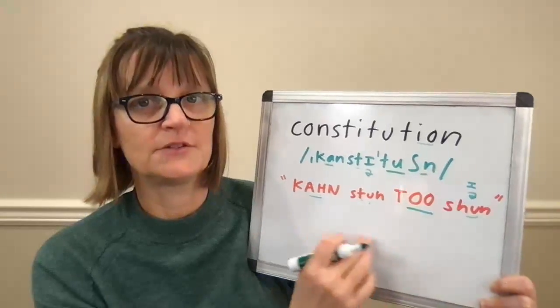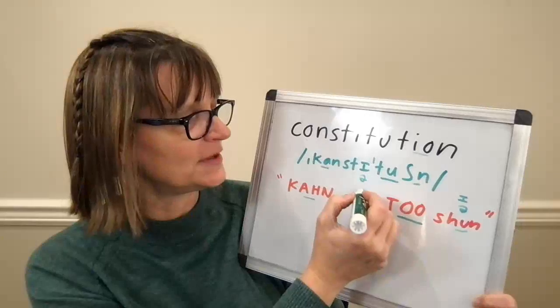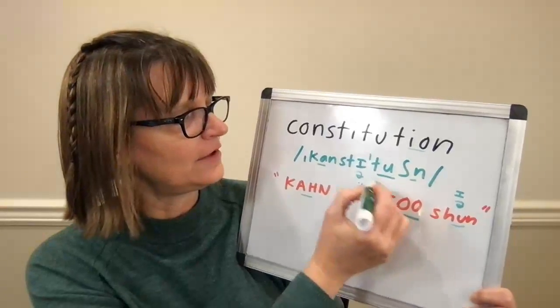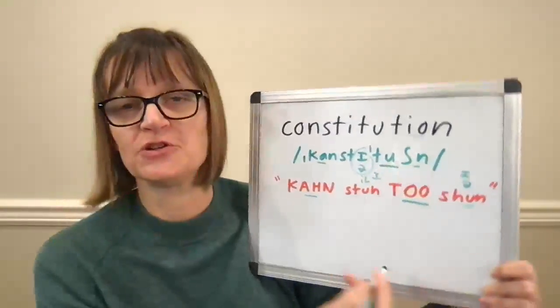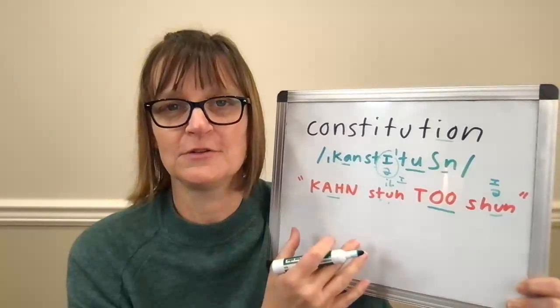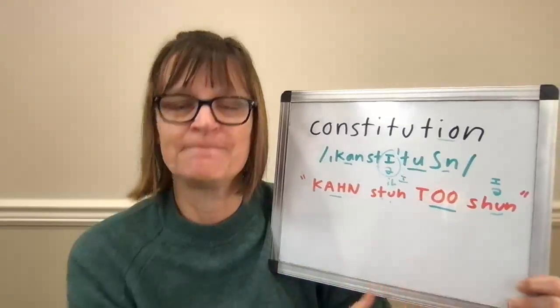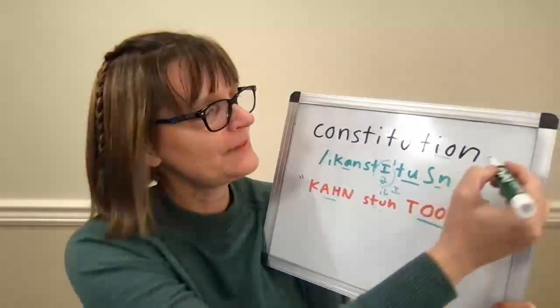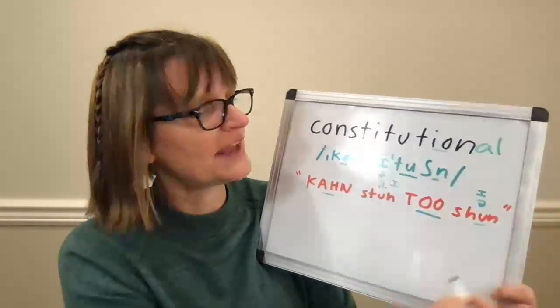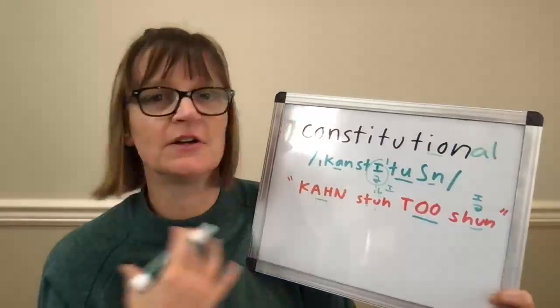Constitution or constitution. You can see how I switched back and forth between the I vowel and the schwa vowel because it doesn't matter too much. Because when I'm putting them together faster and quicker, I'm really going to use a reduced vowel there. Constitution, constitution, constitution.